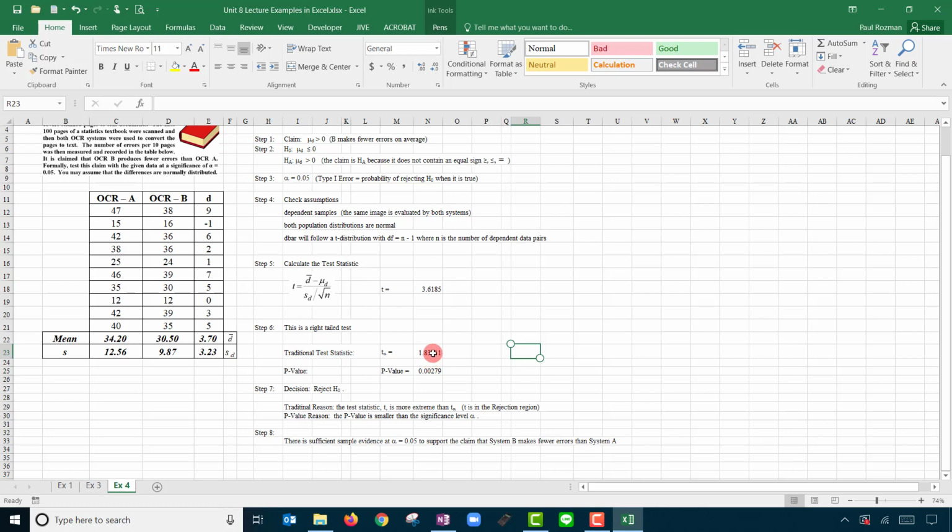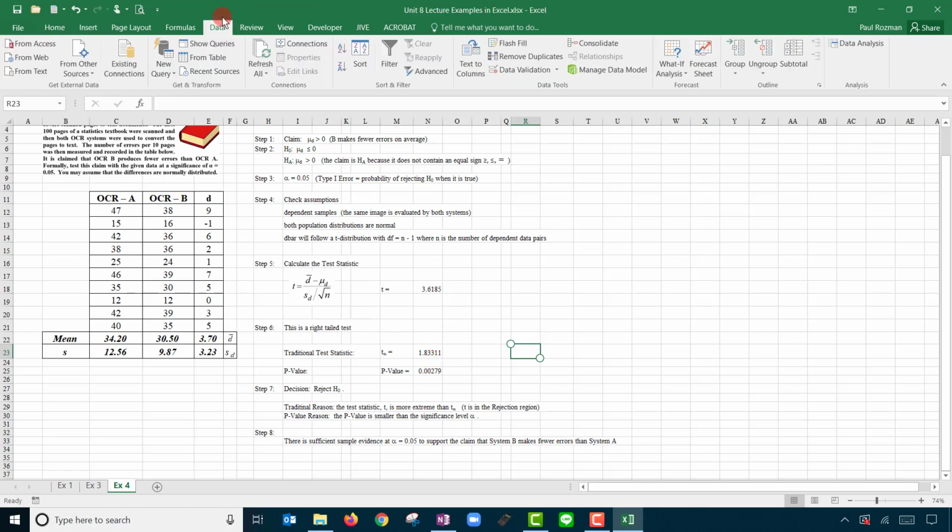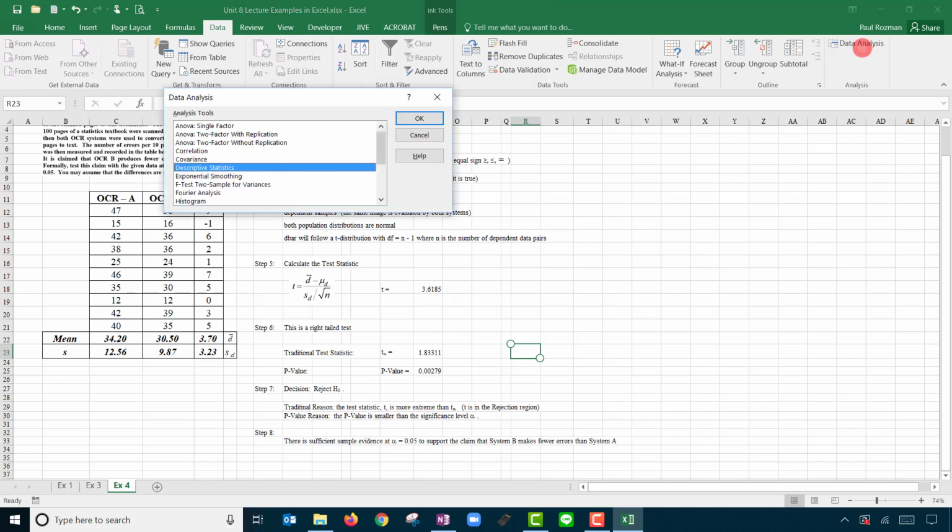If we go to our data and data analysis, remember there are some hypothesis tests in here. And one of them here, let's see, t-test paired two sample for means. That's what we're doing here. We're doing pairs. So let's see what this does for us.